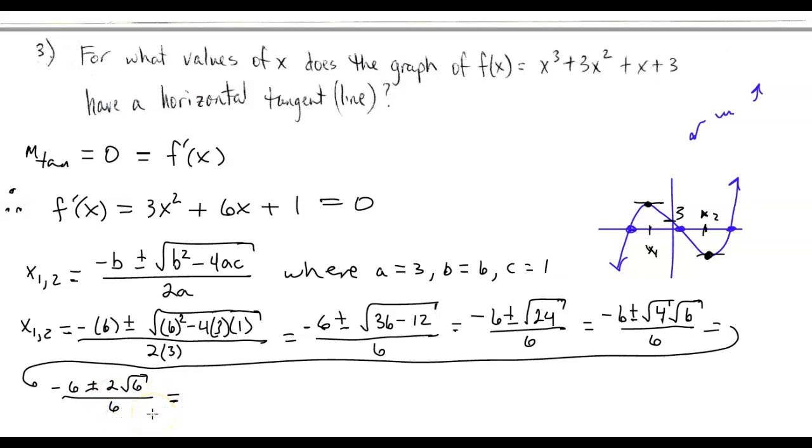And at this point, you kind of have a choice on how you want to rewrite this. I'm going to do it both ways. I'll factor out a 2. And of course, 2 goes into 2 once, 2 goes into 6 3 times.